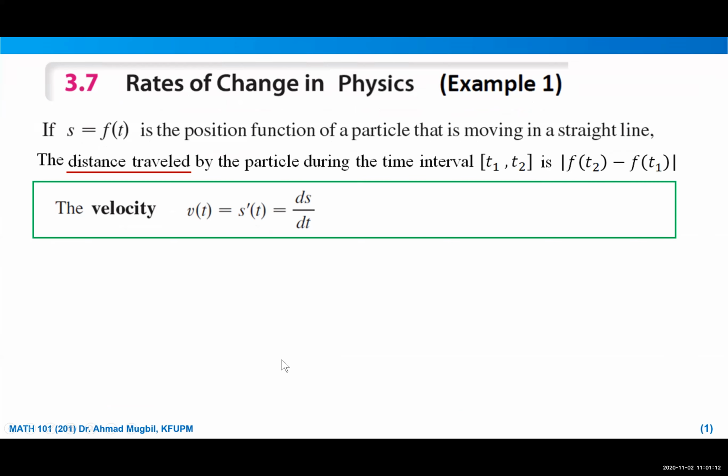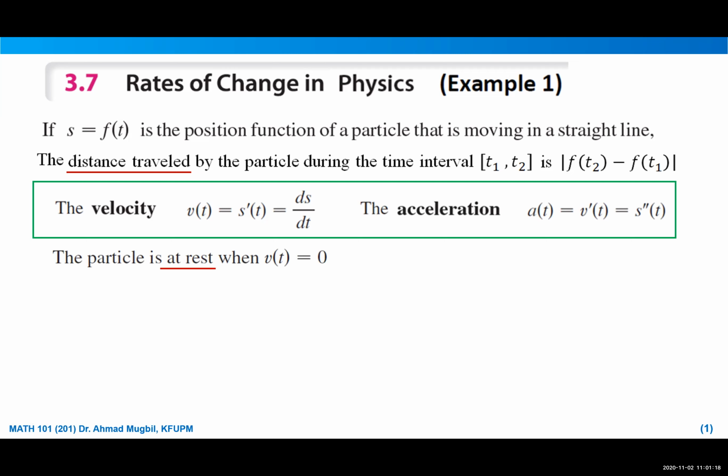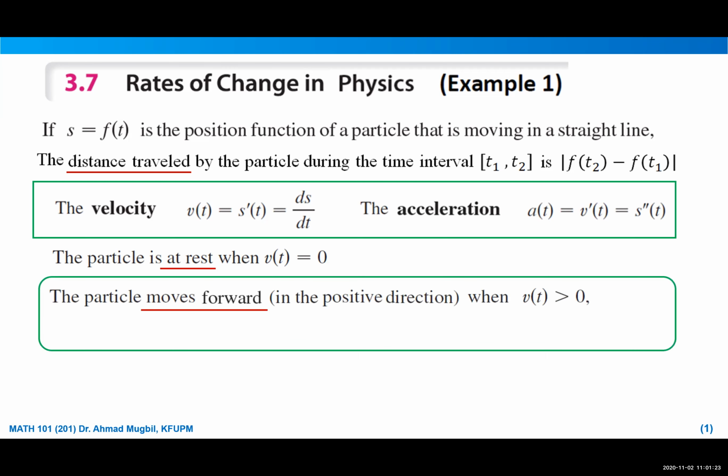The velocity is the first derivative of the position function, or the displacement function. The acceleration is the first derivative of the velocity. The particle is at rest when the velocity is 0, and the particle is in the positive direction, moving forward, if the velocity is positive, and if it is negative, it is in the negative direction, which means that it moves backward.